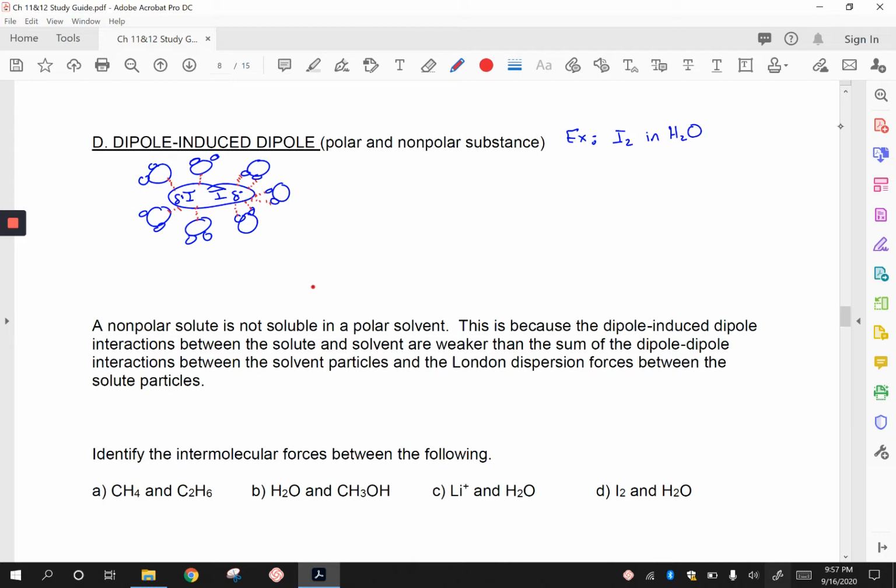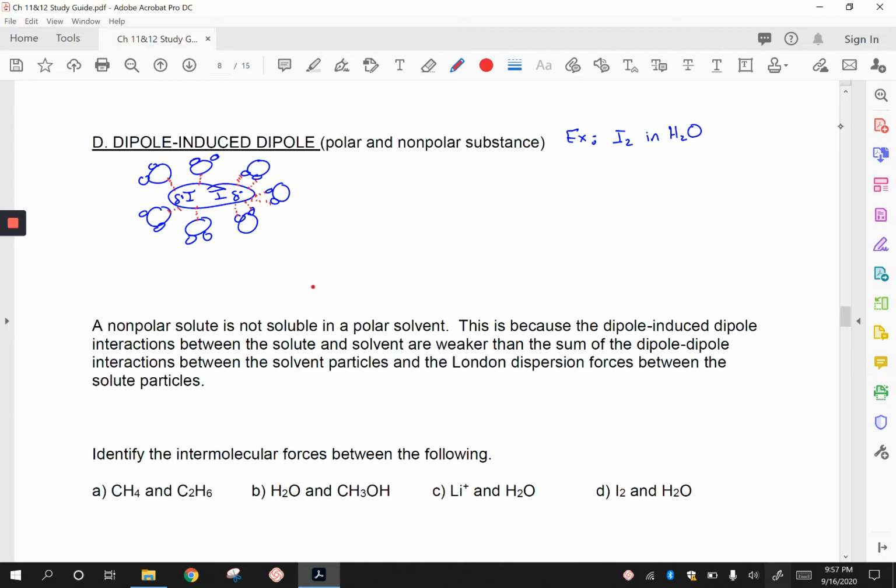And so polar and nonpolar substances do not really mix. A nonpolar solute is not soluble in a polar solvent. The reason is the dipole-induced dipole interactions. We call this dipole-induced dipole because one component is polar, induced dipole because one component is nonpolar.